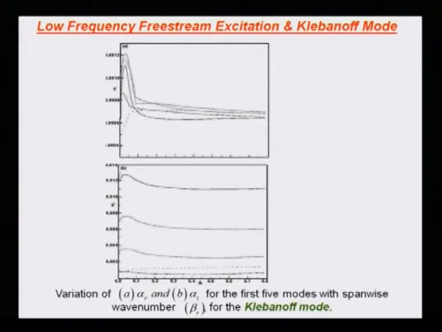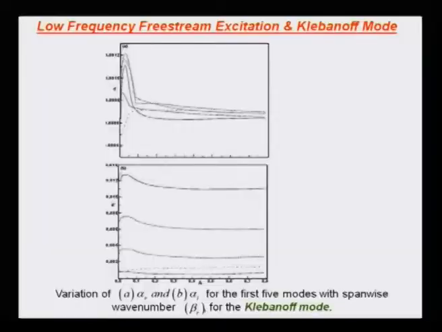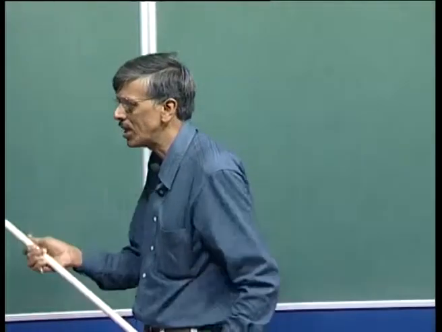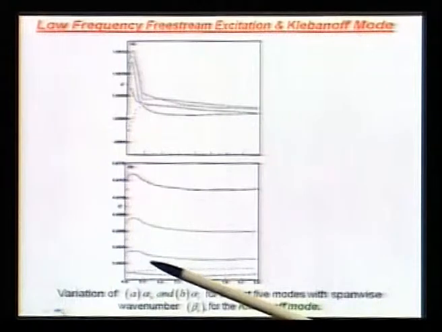And this is what you get as the result. In the top figure, we have plotted alpha r versus beta r. What is alpha r? The real part of the streamwise wave number. Beta r is the spanwise wave number. But you see what happened, if my beta naught is a very small value, n beta naught will be like your numerical evaluation, so the discrete points have been obtained here.